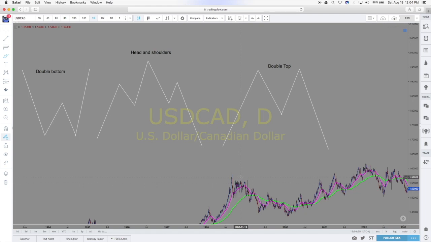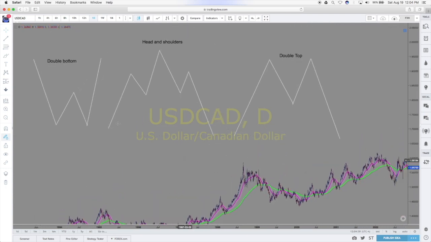Okay, but a double top is basically a reversal point from when price is being bullish. It comes up, touches resistance, comes down, goes back up to retest, and then comes down again and breaks through.